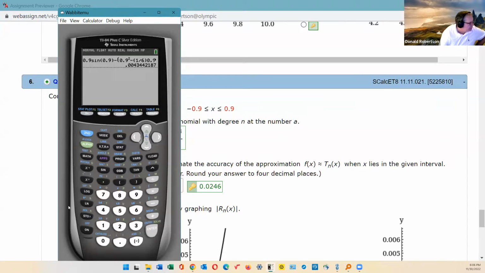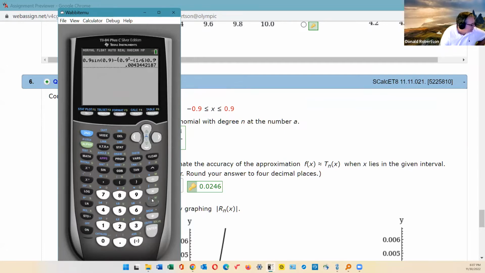Now, I'm going to evaluate that same thing, but at negative 0.9. So, negative 0.9, the sine of negative 0.9. Subtract, in brackets, I'll need another bracket for negative 0.9 squared, because I'm a bit worried the ordinary calculation might screw that up.